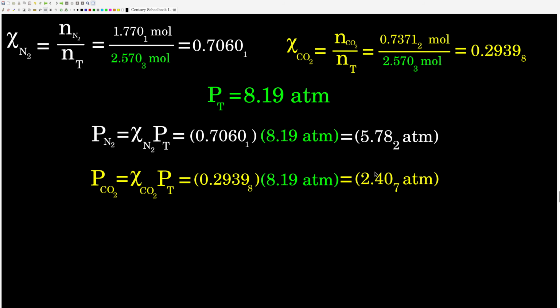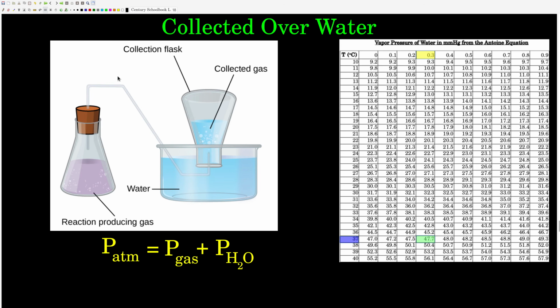Also, just like we could do with the mole fractions, because there are only two gases in here, we know that the sum of their partial pressures must equal the total pressure. That's Dalton's law of partial pressures. So once we found the first one, we could have just subtracted the 5.782 from 8.19, and that would have given us the partial pressure of carbon dioxide. All right, so that's that.